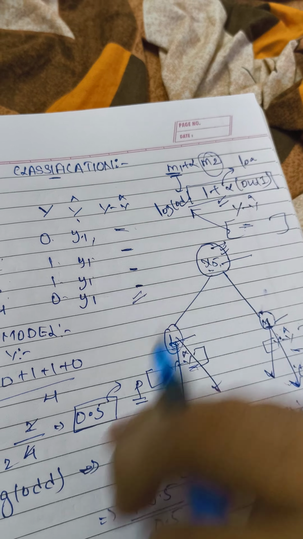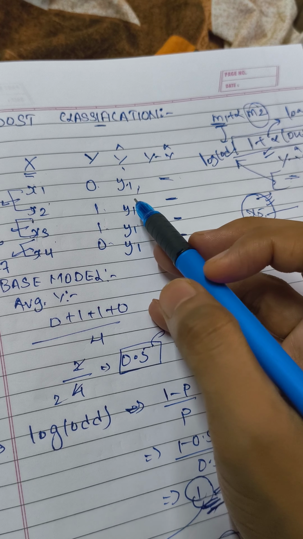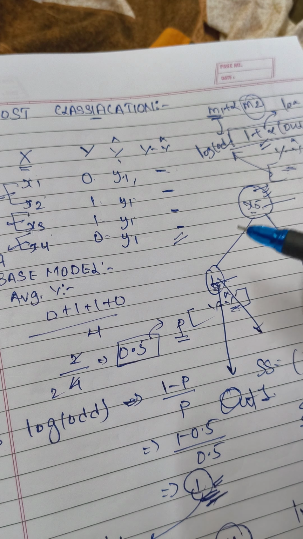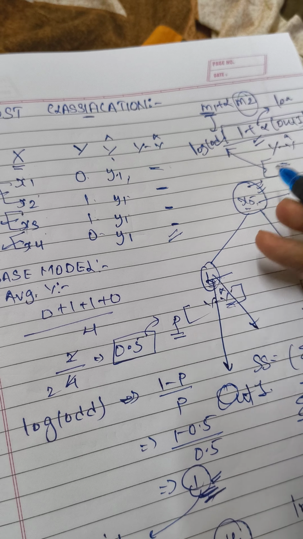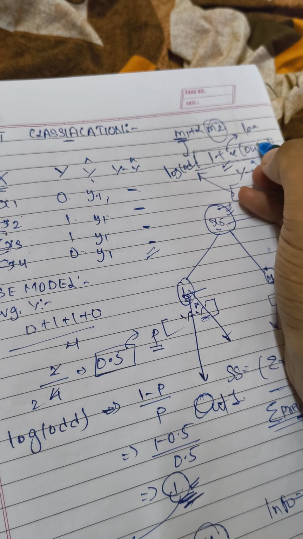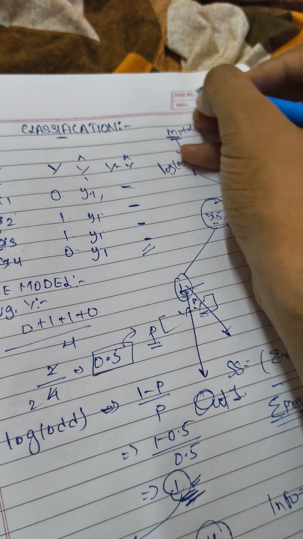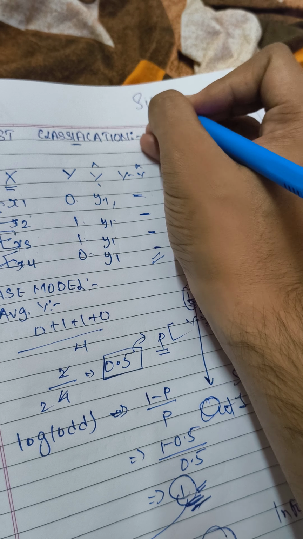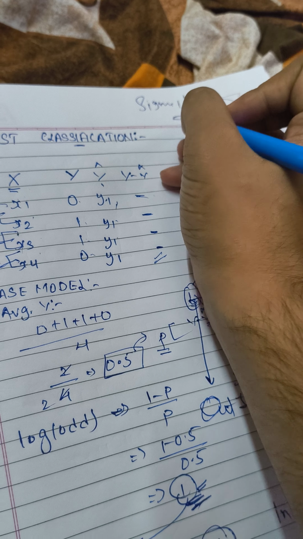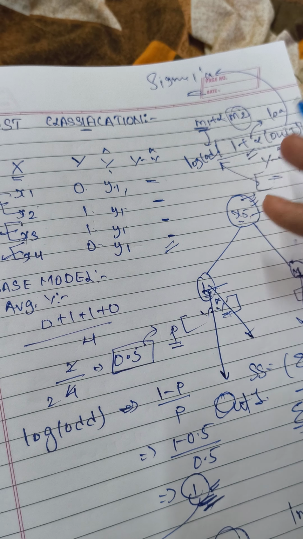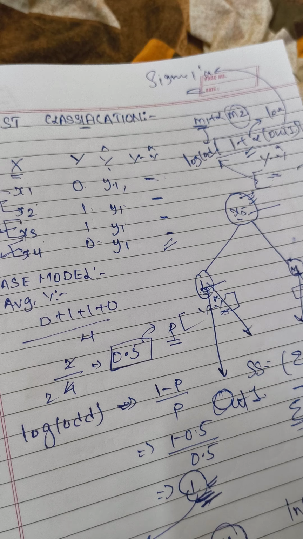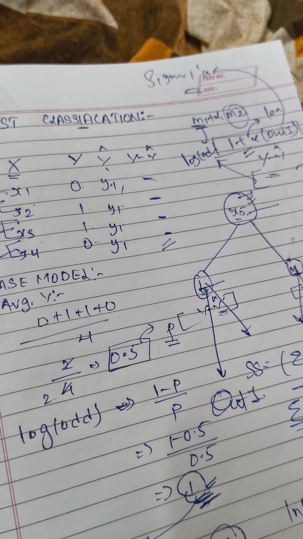Okay, so similarly we will get the log odds prediction for these values, and then for each value that comes out for x1, x2, x3, x4, I will apply the sigmoid function over it, and after applying the sigmoid function I will get the prediction from the model.